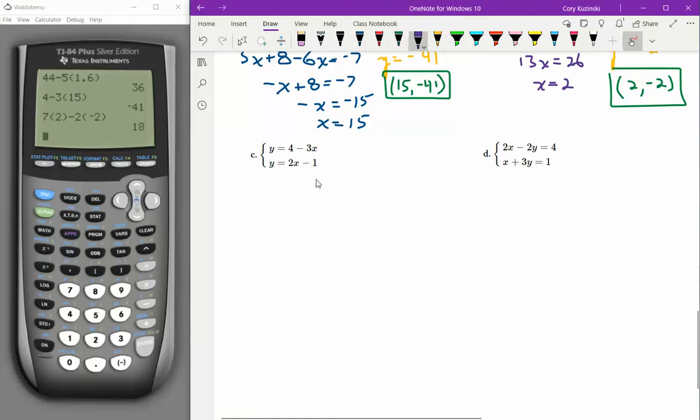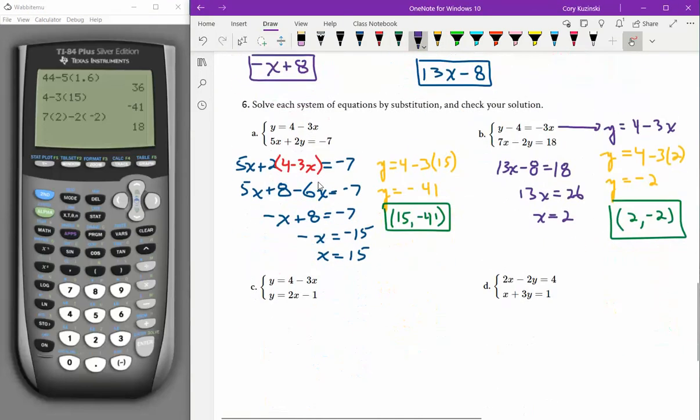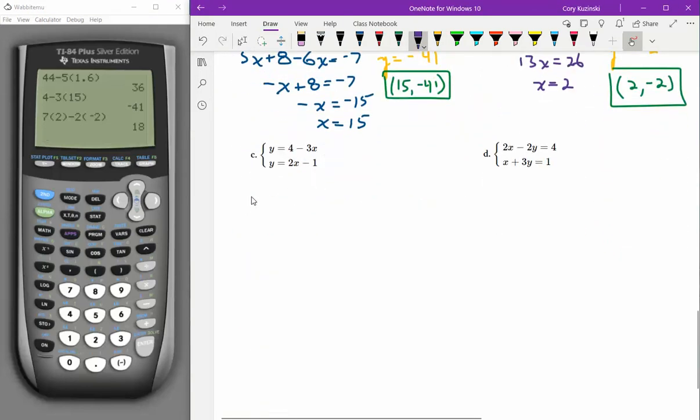All right, 4 minus 3x. Okay, we haven't done this one yet. So we have to plug that in for y, but it's pretty simple because both of these equations are solved for y already. So we'll just go 4 minus 3x equals 2x minus 1. Let's add 3x to both sides. Add 1 to both sides.